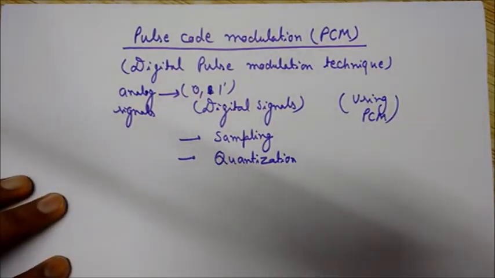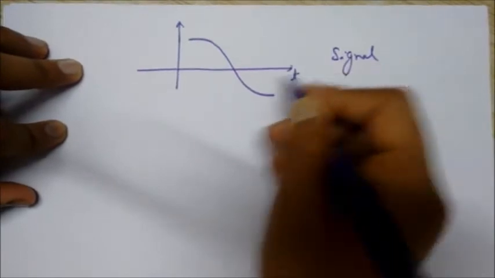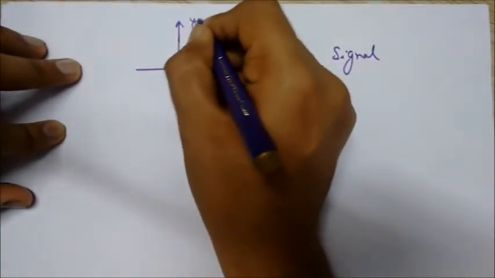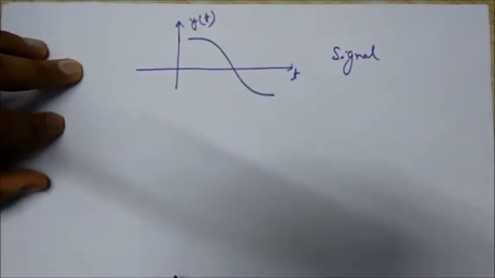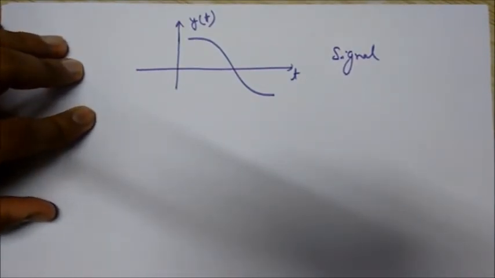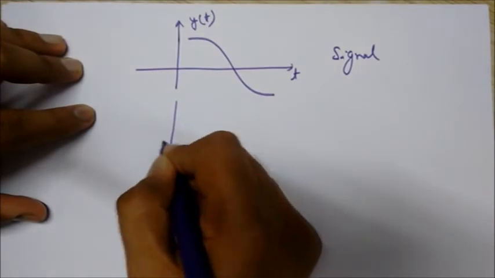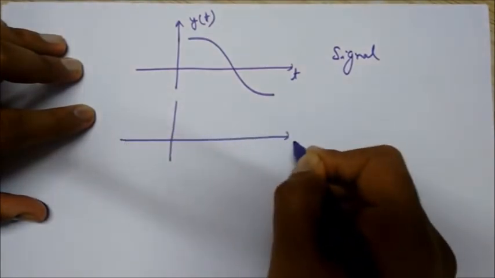So I will draw. This is a signal and the time axis. Let's denote the signal with y(t), and here I will sample the signal with the help of the sampling theorem. So how does this look? I'm showing it here.